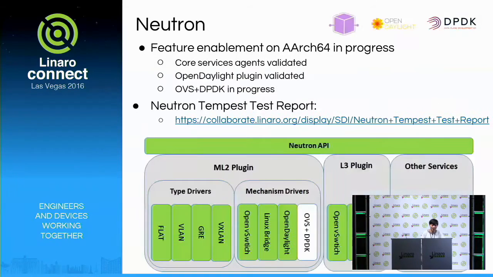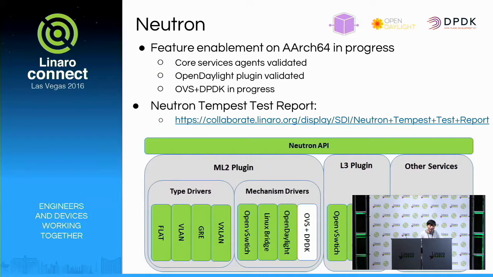So next page. This page is about the Neutron enablement on Aarch64 that we did for the past year. Again, this is divided into two jobs: one is the feature enablement, and the other is the Tempest tests.